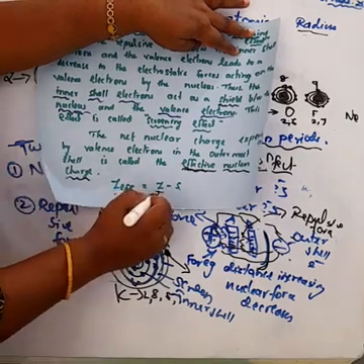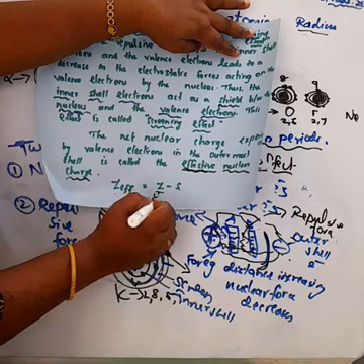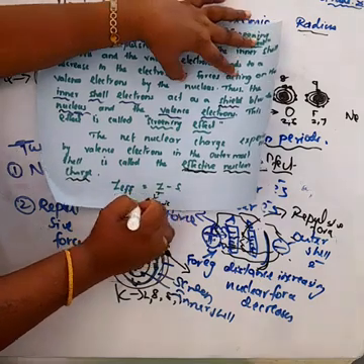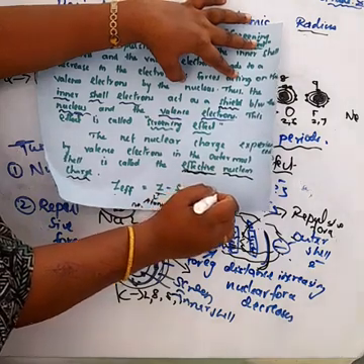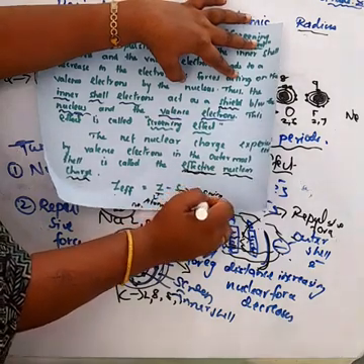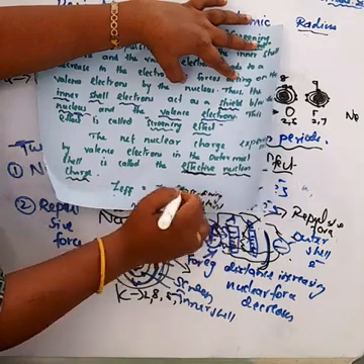S means the screening constant, the constant value given by Slater. That is called Slater's rule.